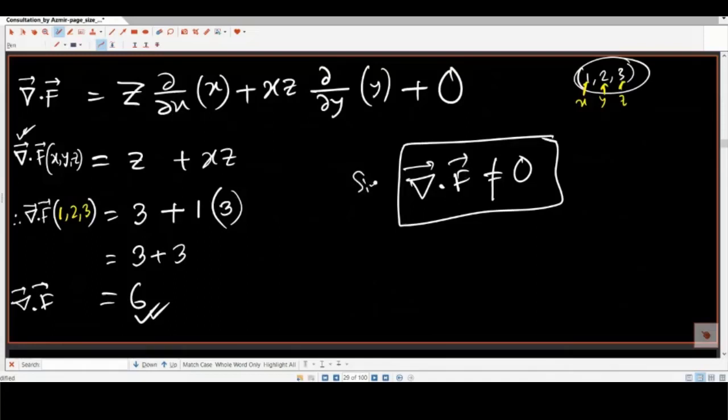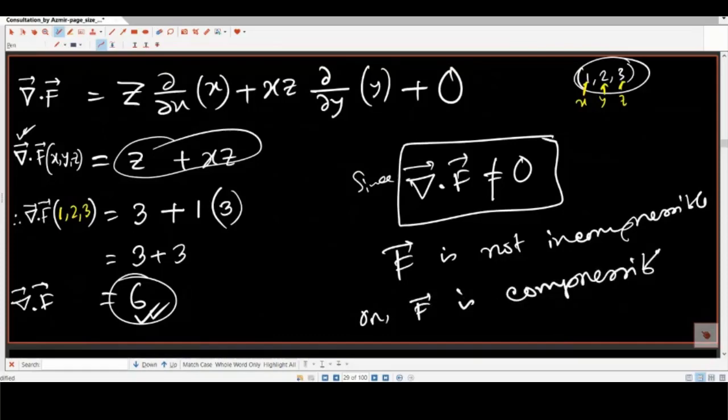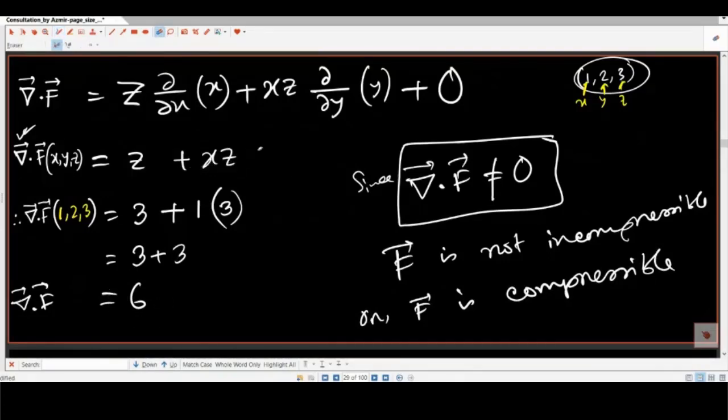But since the divergence this time is not 0, we can say that this vector field f is not incompressible. That means it is compressible. So this is how we can check whether a vector field is compressible or not. So this is what divergence is.